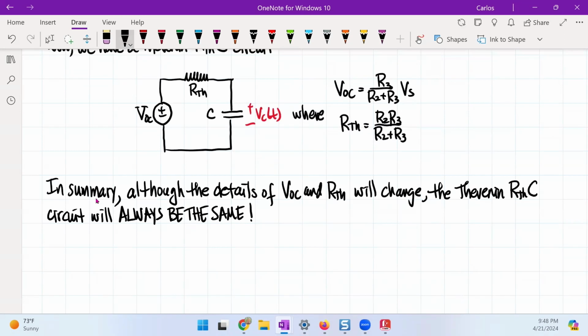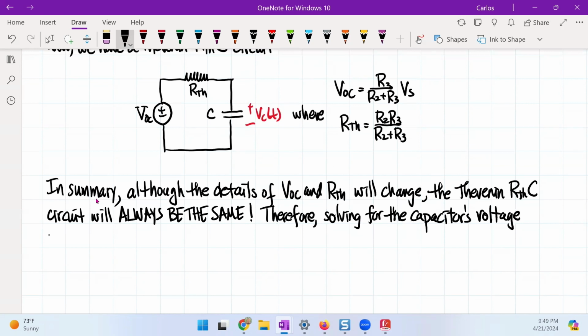It does not change. Therefore, solving for the capacitor's voltage will always have the same functional form.